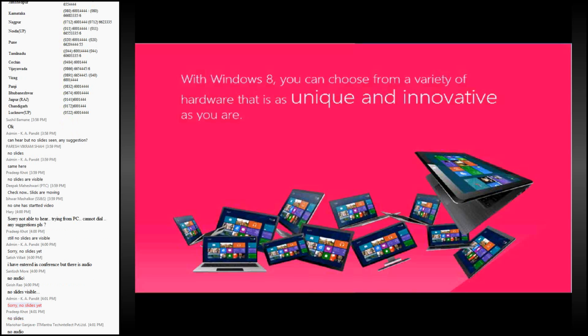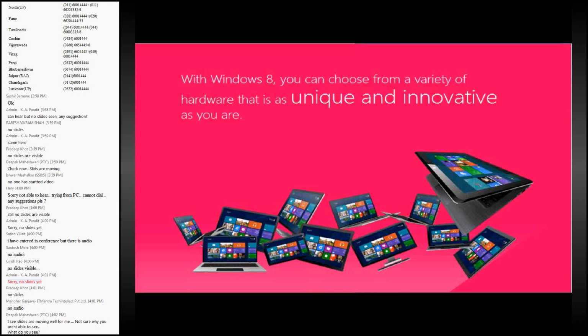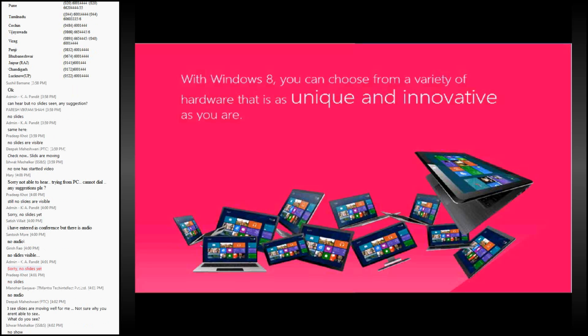Now looking forward, with Windows 8 you can choose from a wide variety of hardware that is as unique and innovative as you are. We have been innovative. Let's make our hardware also innovative. One that's built for touch, one that's built for keyboard and mouse, one that's built for both. In all areas, you want light, you want robust systems to do great work, right?